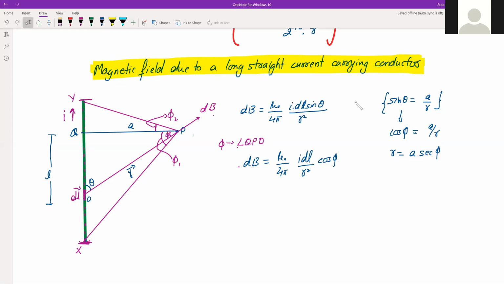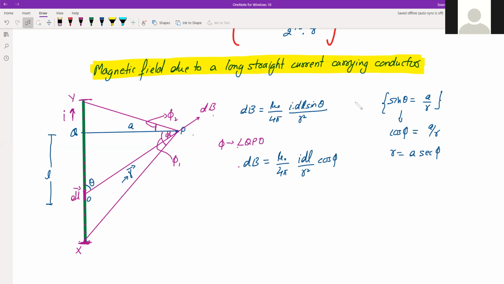So we don't need these two values, right? If I change the location of dl, r will also change, right? And phi will also change. But we have learned integration only in terms of one variable, that is either r or phi or x or y. But here we have two variables, that is r is also variable and phi is also variable.